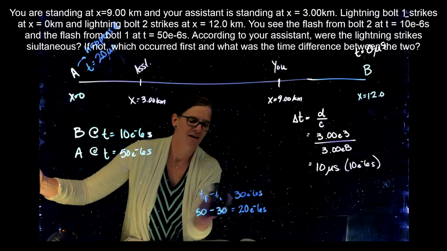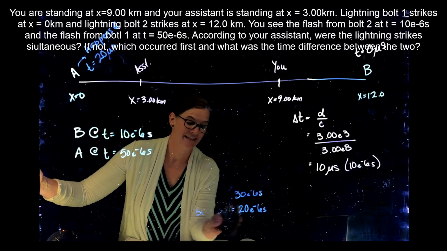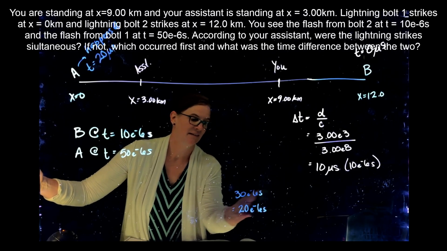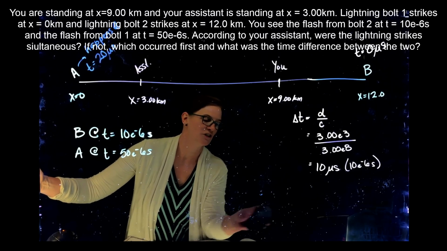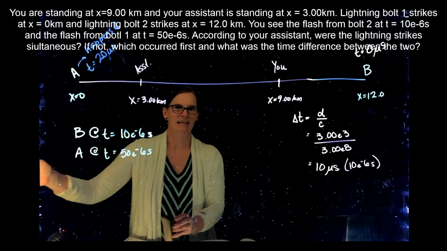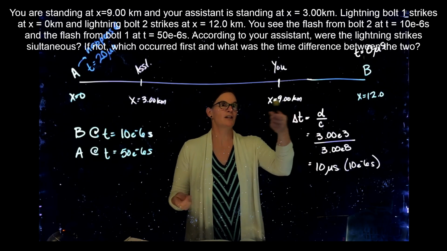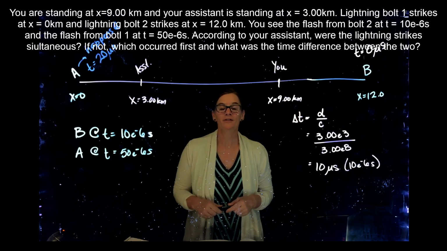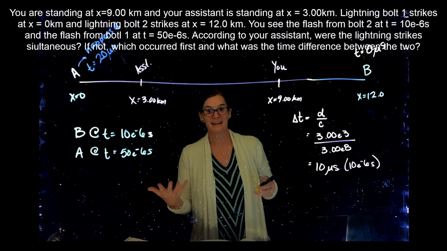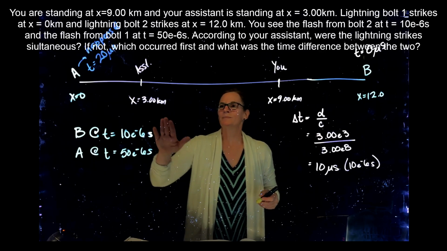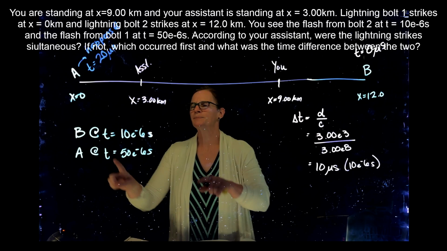But is that what your assistant observes? Let's look at that to get an appreciation that they might not observe them simultaneously, just like you did not, or they might. So let's look at what the assistant observes.